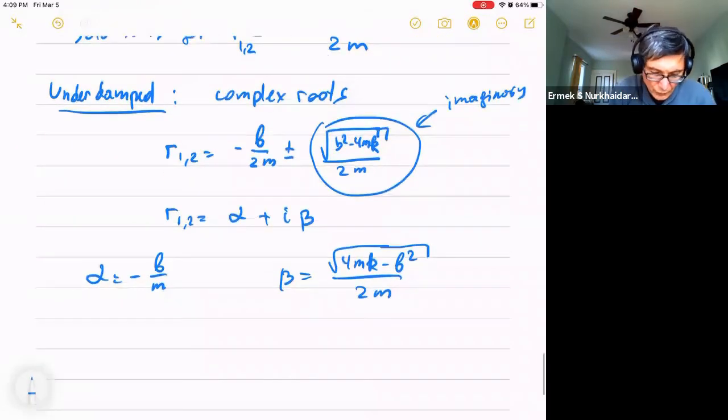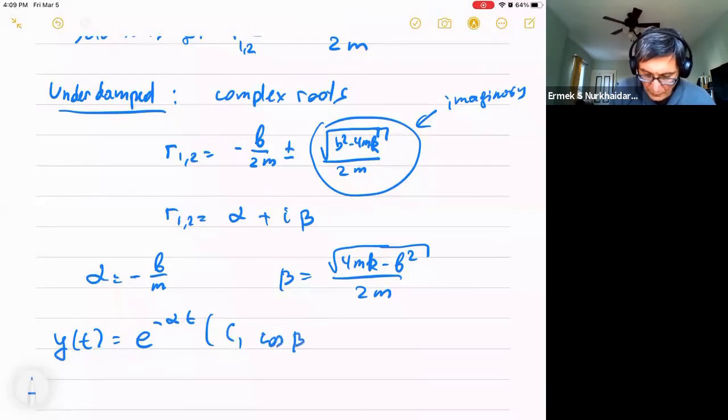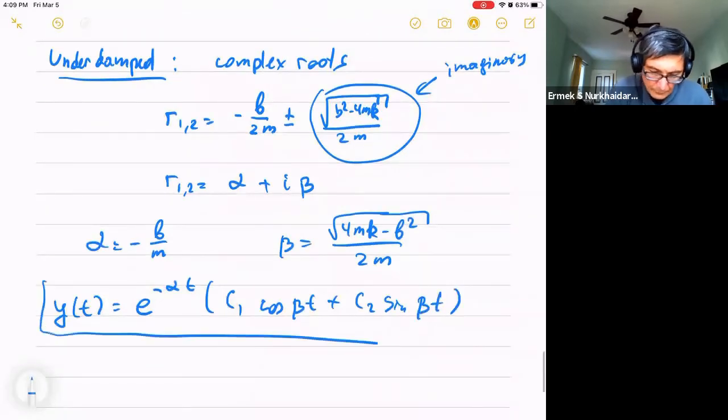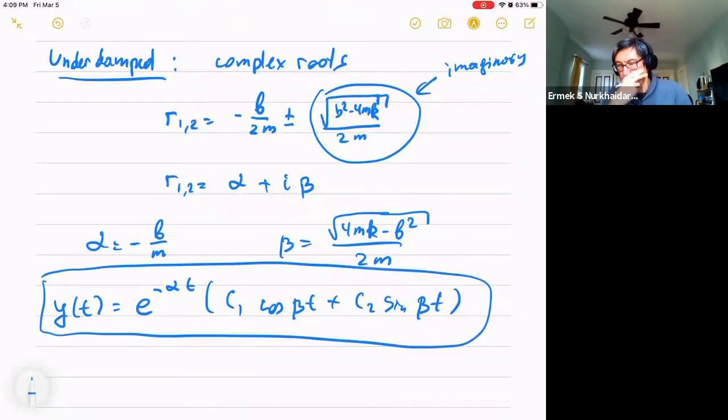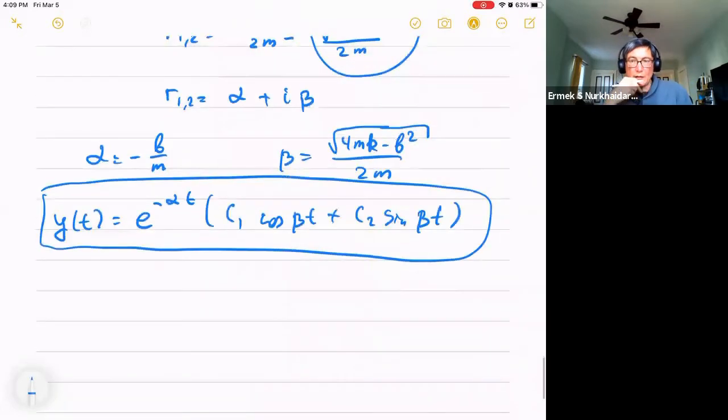Then our solution is going to look like y of t equals e to the negative alpha t times c1 cosine of beta t plus c2 sine of beta t. We already know that. And that's exactly what we expect to be happening here.